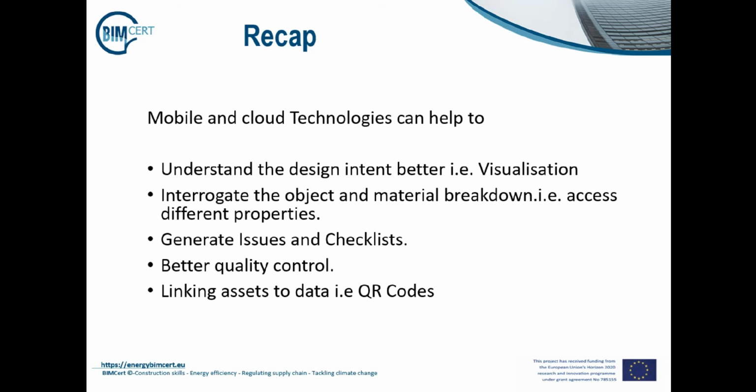You can interrogate the object and material breakdown of items within the model, so access the different properties to understand better installation such as energy requirements. You can generate issues and checklists. This can be used then to help with better quality control, as well as linking assets to data through QR codes, which can then be used by the facilities management team in order to gain access to a full historical database of that asset.